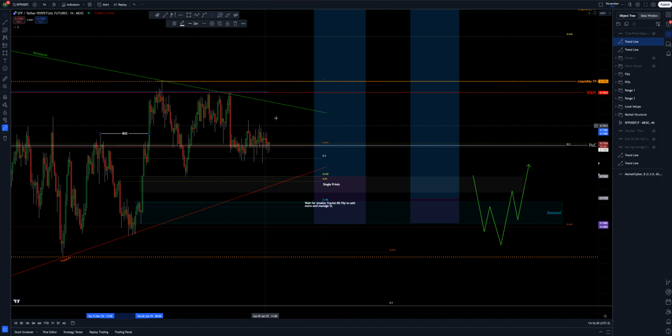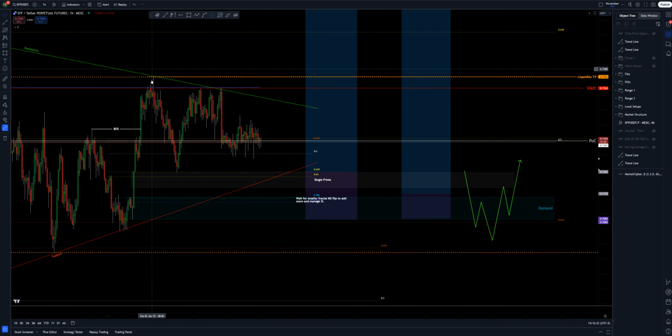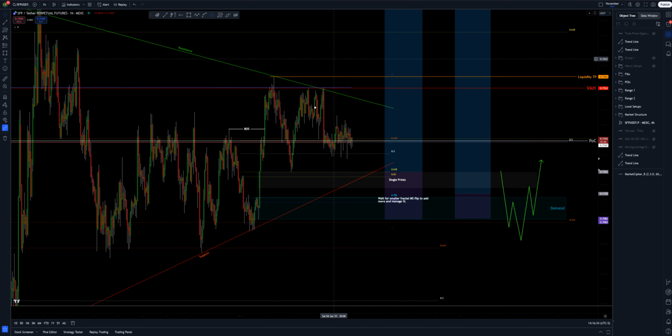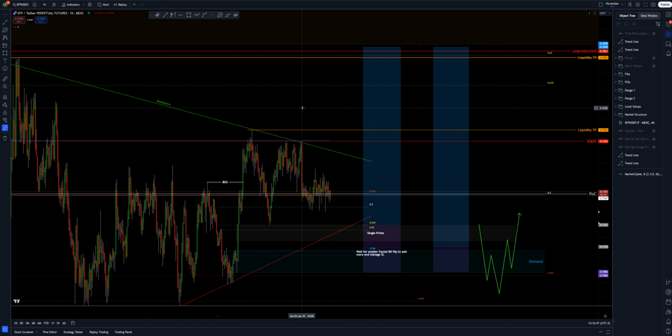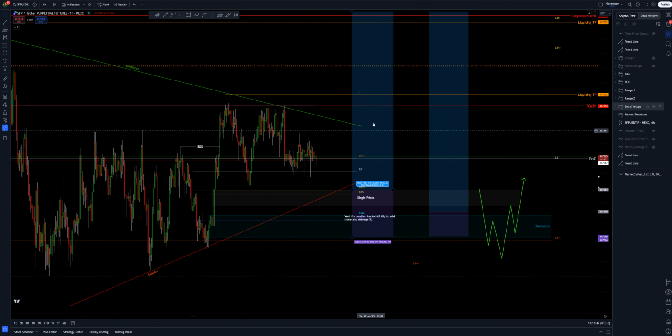There's no reason not to long this, and of course target this high as your TP. And that's why I have this here. First TP is going to be this high, second TP is going to be this high, and then we want to let some ride and target that $1 level and that other one. That's completely fine too.